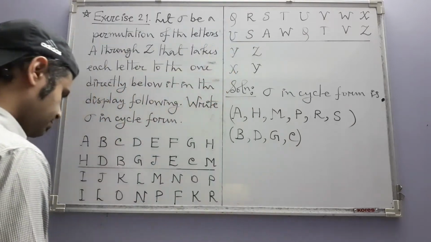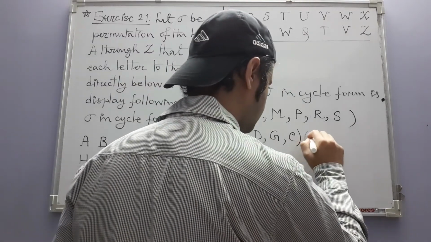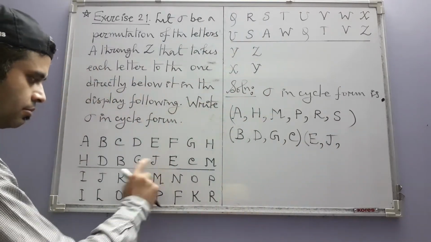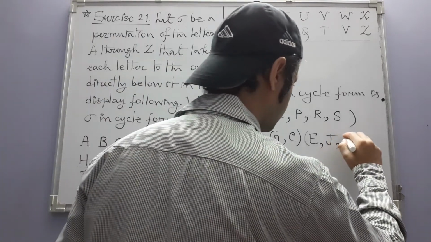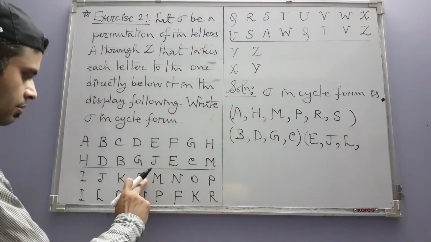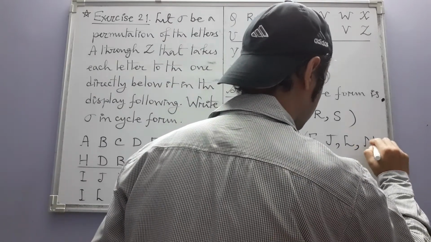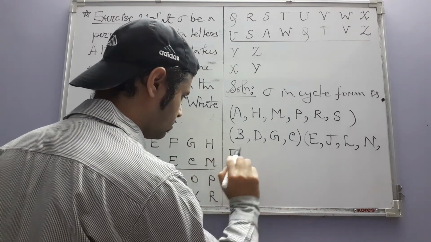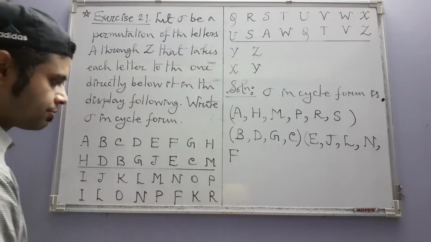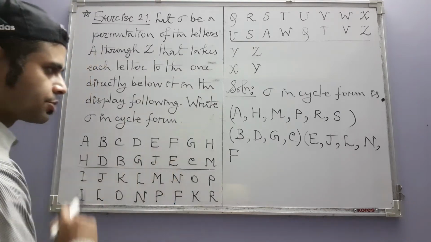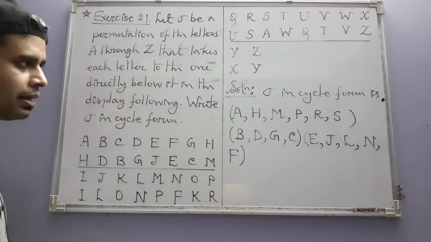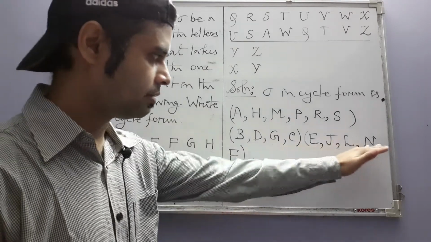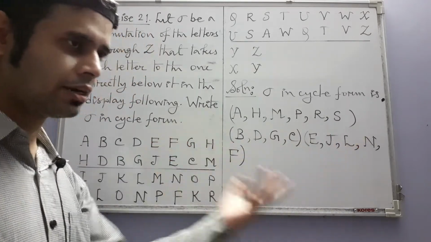Next E. Image of E is J. That of J is L. L goes to N. N goes to F, then F goes back to E. When we are writing a solution, as far as possible try to write a cycle in one line.